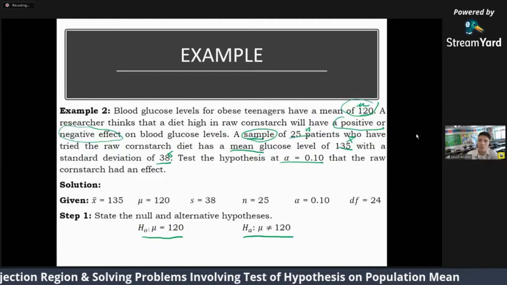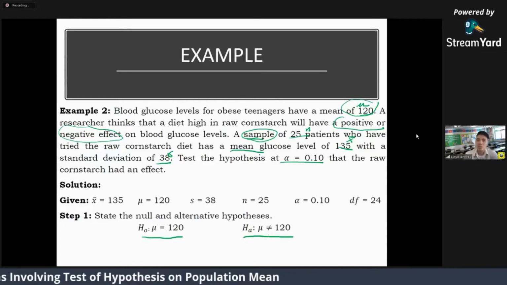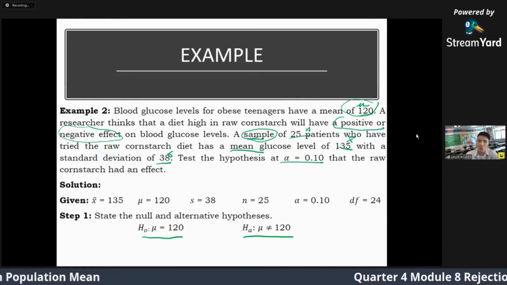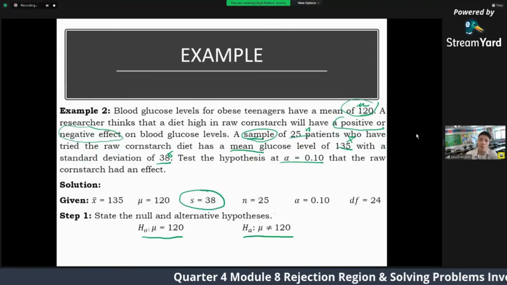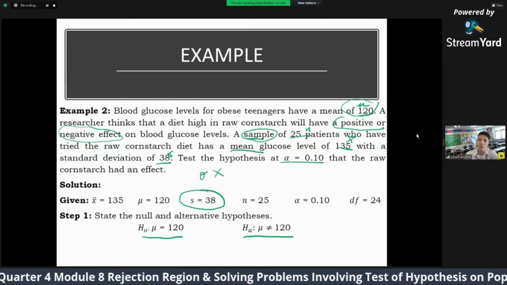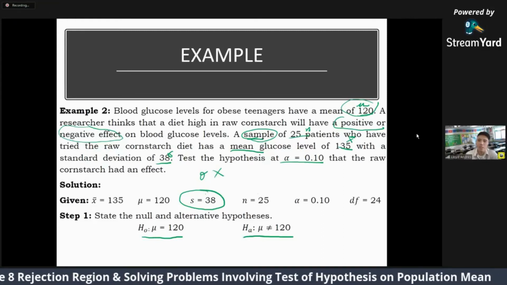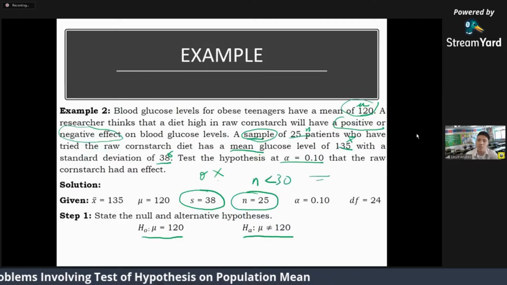So ang second step is to solve for the value sa atong test statistic. Ang question, unsa nga test? Z-test, T-test. So, since S lang ang given or sample standard deviation lang ang given, wala tay population standard deviation, and at the same time, ang sample size nato is less than 30, we use the T-test.